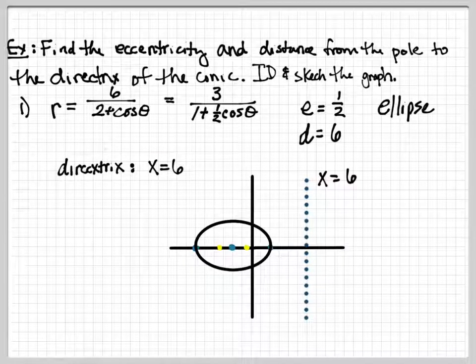So if I were to take a point on my curve, any point will work, so let's just take this one right here, and I were to calculate the distance from that point to the focus compared to that point to the directrix, my ratio is actually going to be, in this case, 1/2 specifically, but less than 1 is the idea. And that's what gives me the ellipse.